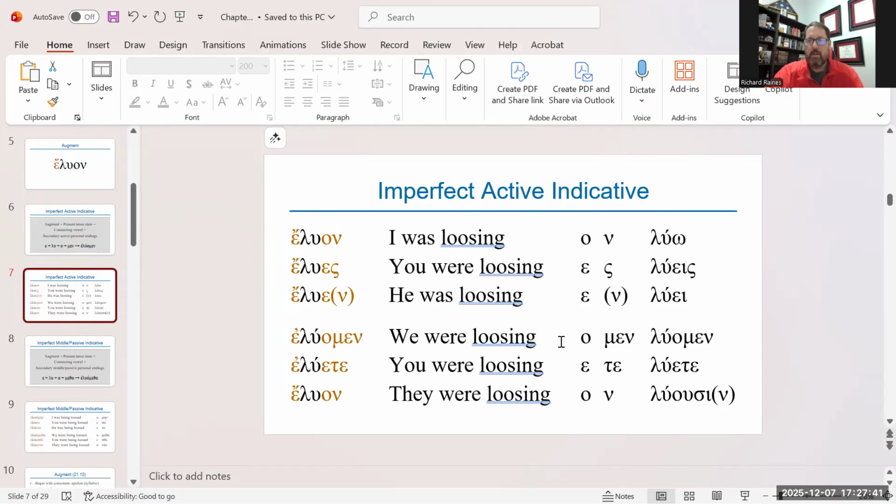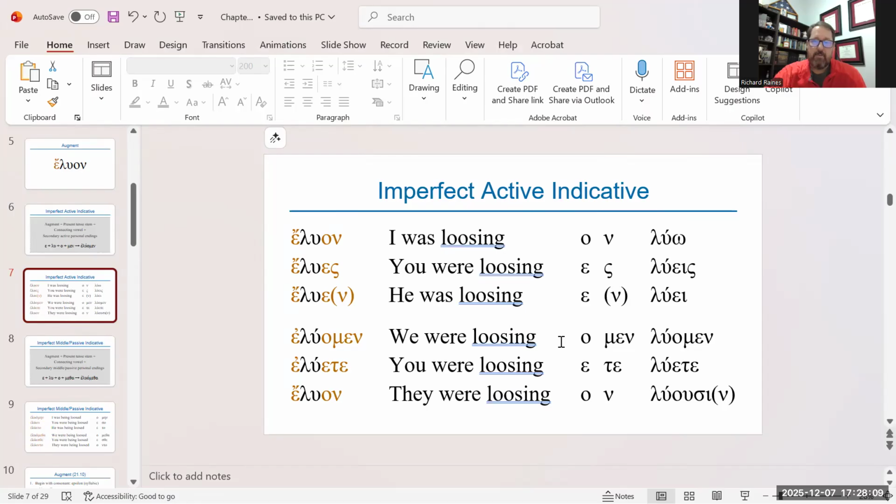And then, of course, the present active indicative would be luo. So if I were to put this on a test or a quiz and say parse eluon, then you would say this is first person singular, imperfect active indicative, I was loosing, from luo, because there's a present active indicative form of luo, or from lu.